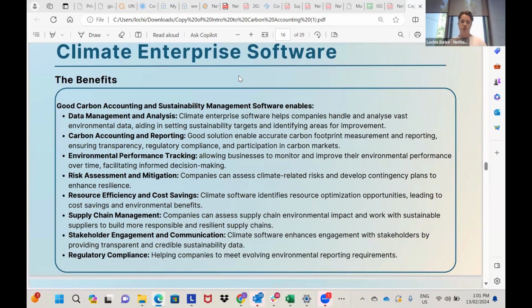And for all of those reasons, the obvious thing is, yes, the outcomes, but it's also the compliance piece. The mandated reporting requirements are a huge risk, realistically, for businesses.